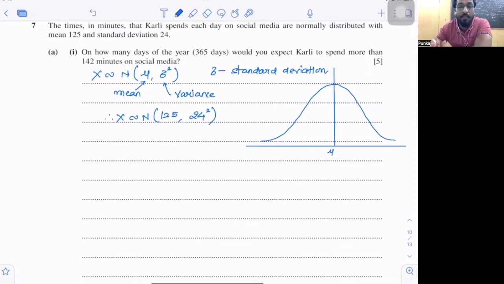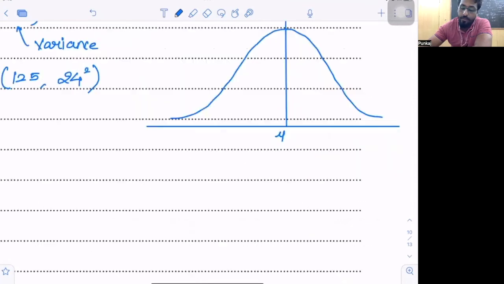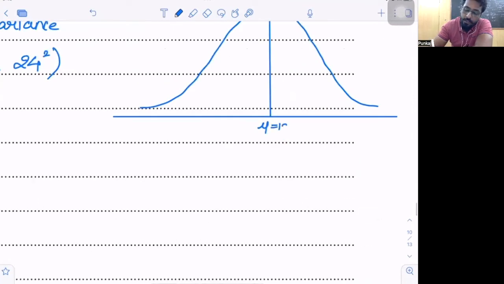Now this data is represented using two different variables. One is the variable x, which is given to us, and the other one is the standard normal variable, which is given by z. For both of them, the graph remains exactly the same. The graph is always a bell-shaped curve. So mu is 125 here, and here you get z as 0.